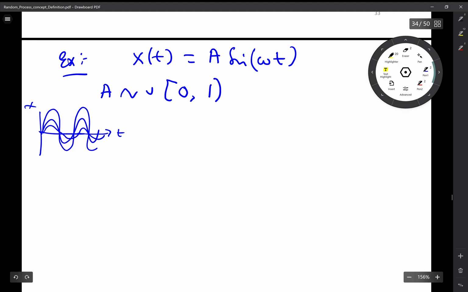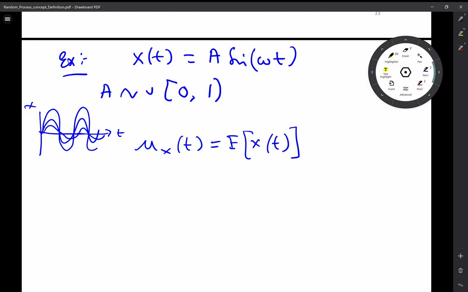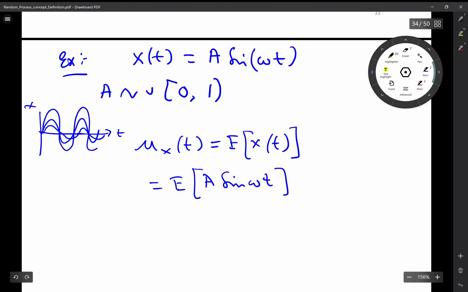So mu x of t will be equal to E of X(t), which at any time t is E of A sine omega t, which will be equal to E of A into E of sine omega t.